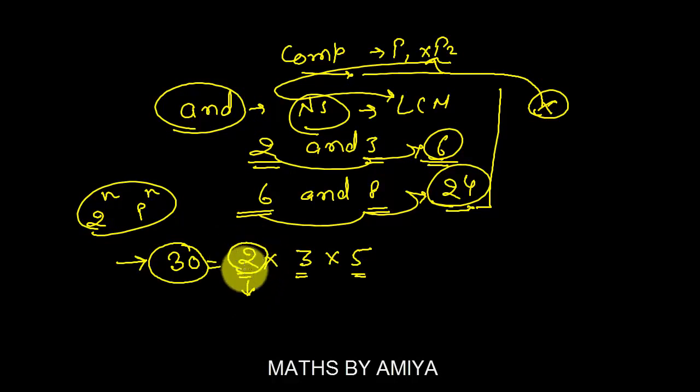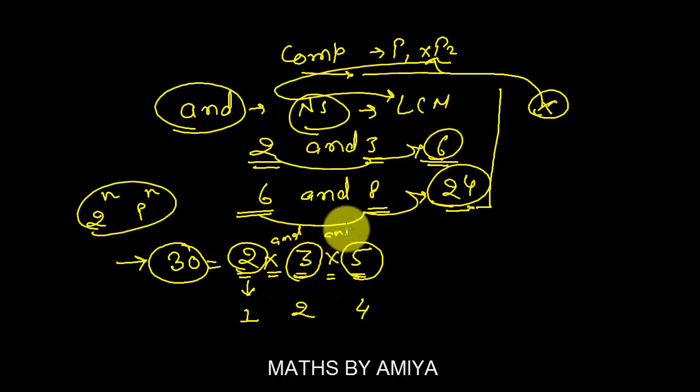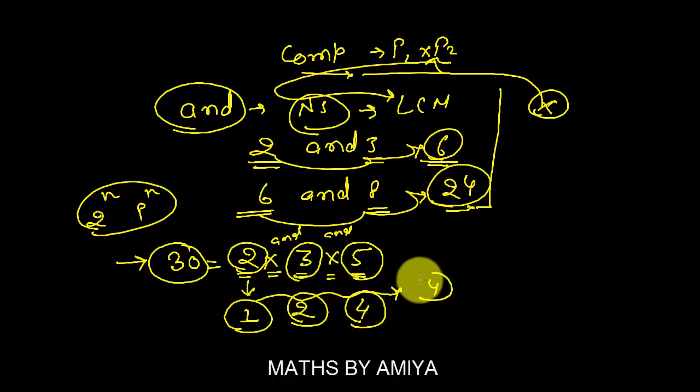The cyclicity of a prime is 1 less than the prime, so the cyclicity of 2 is 1, of 3 is 2, of 5 is 4. Multiplication is nothing but AND, and AND is LCM. 2 says we repeat after 1, 3 says we repeat after 2, 5 says we repeat after 4. To satisfy the repetition of 1, 2, 4, we say, repeat after 4, which is nothing but the LCM.